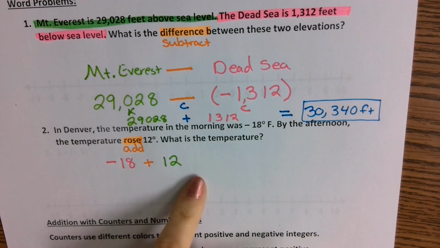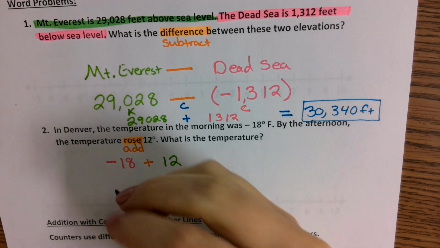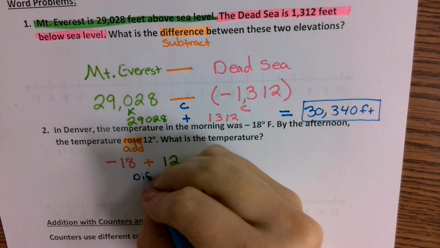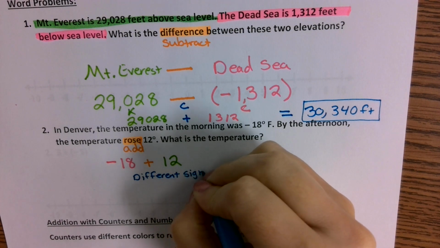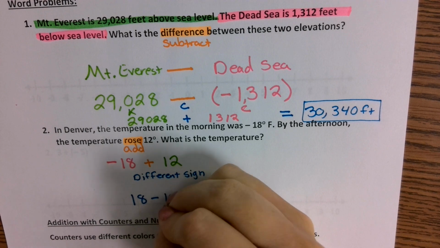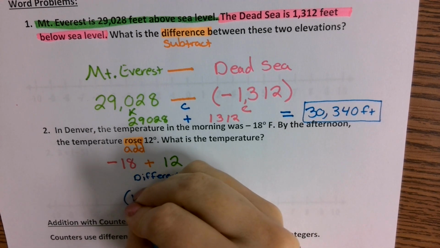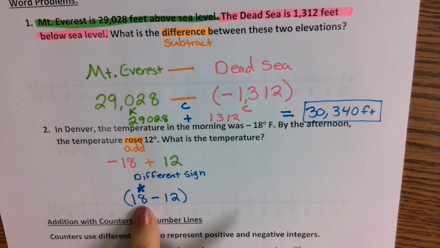These are different signs. So because of the fact that they are different signs, we're going to subtract, 18 minus 12, and we're going to keep the sign of the larger base. What sign is my larger base?